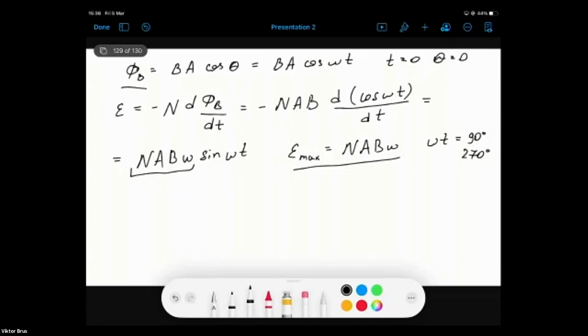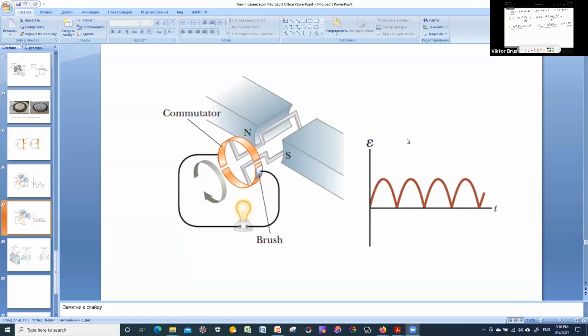However, we also have another class of generators, and they are direct current generators. Here we see the schematic of a direct current generator, and it is very similar to the AC generator.